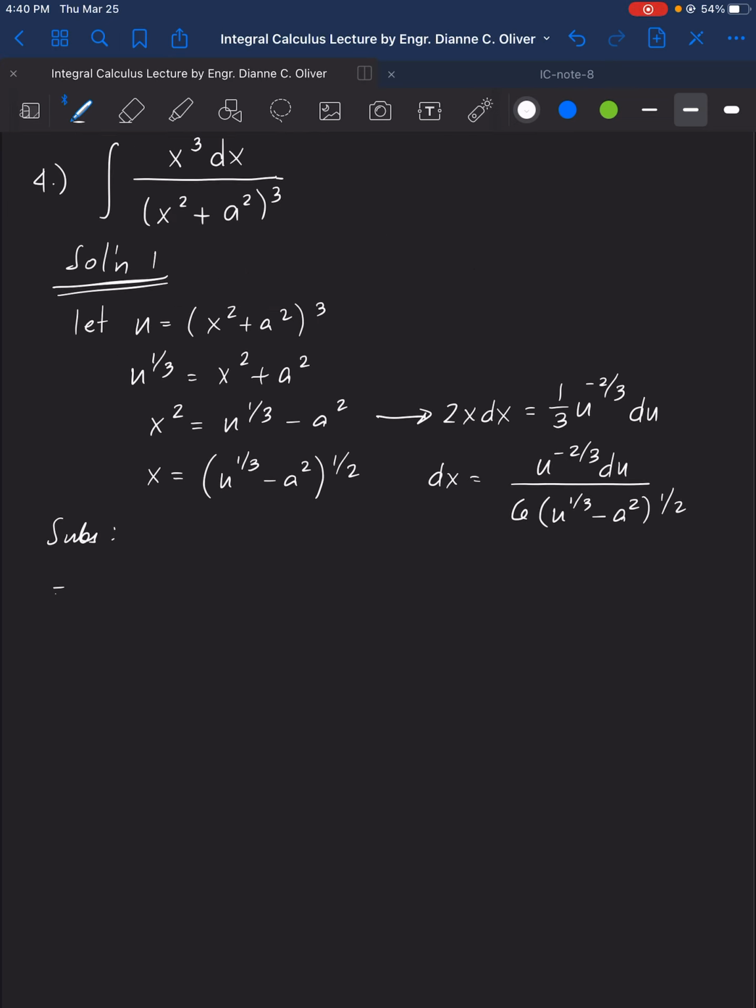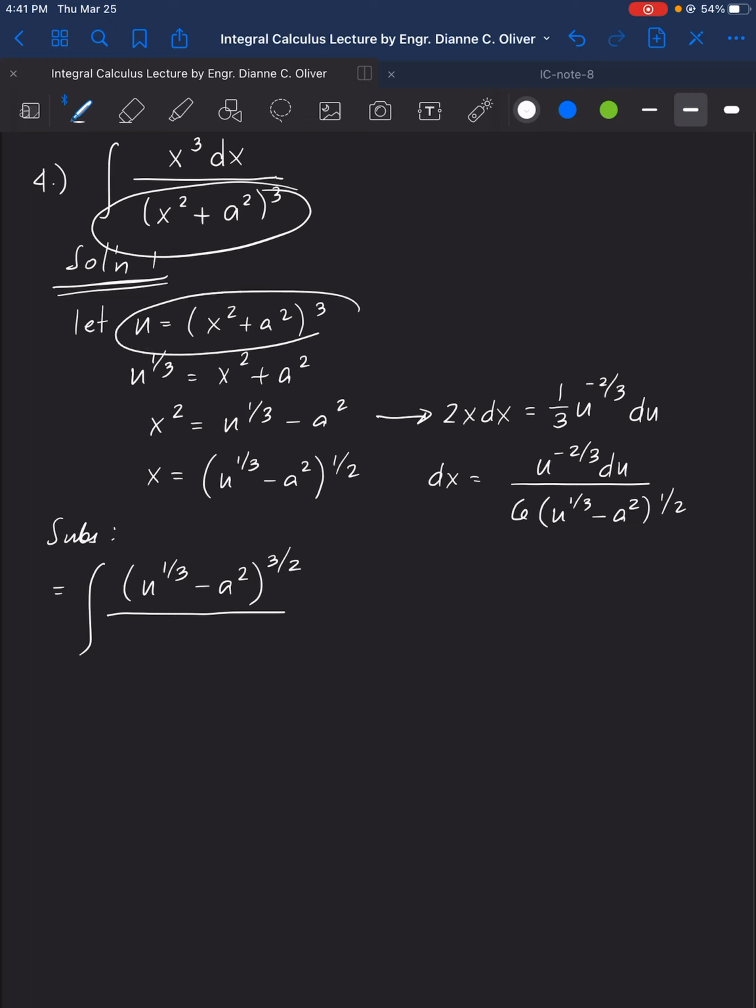So we have here equal to the integral of x raised to 3. For x raised to 3, we have here the value of x, u raised to 1/3 minus a squared, 3 times 1/2, so that is 3 halves, over this one here is u.